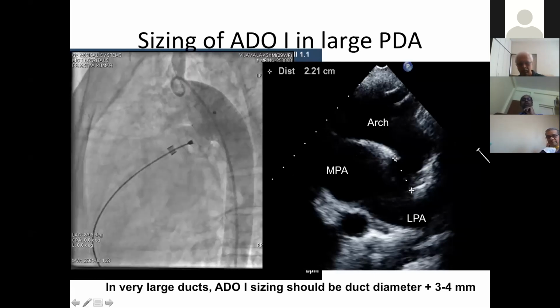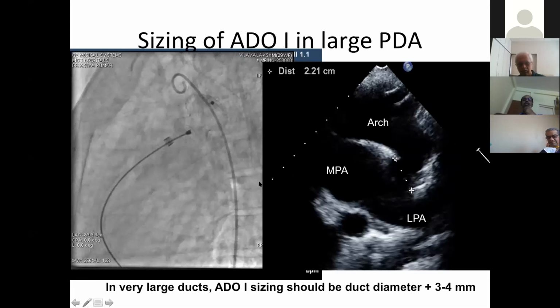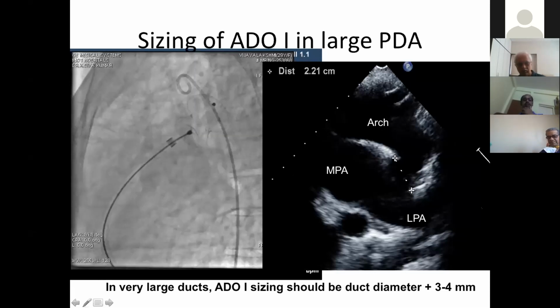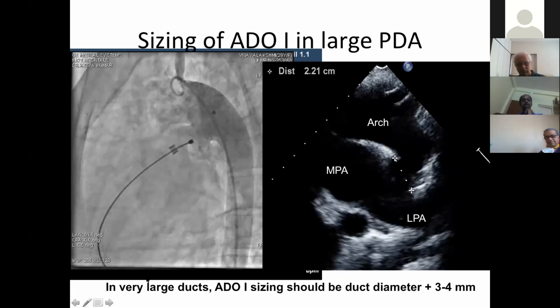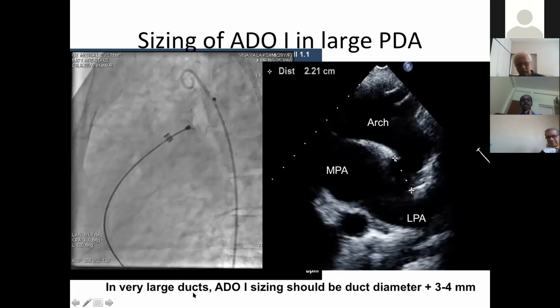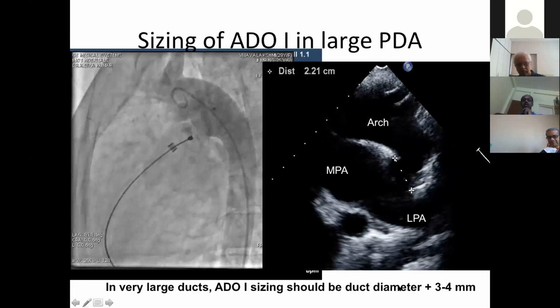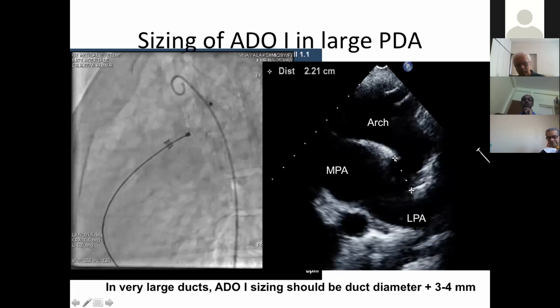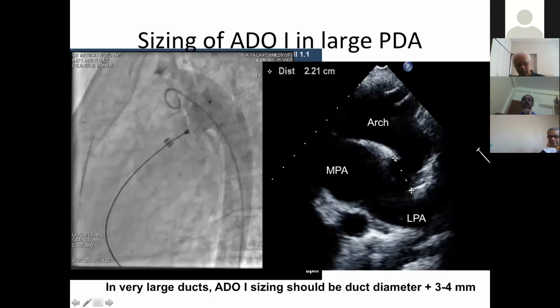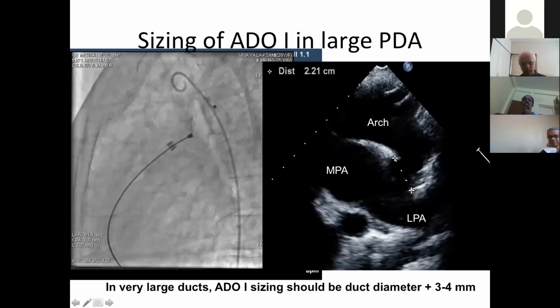Now the amount of oversizing that has been done is something like 8 millimeter. In general, the rule is in very large ducts, the duct occluder should be duct diameter plus 3 to 4. But when it goes to Himalayan proportions, it sometimes may have to be 6 to 8 millimeter.